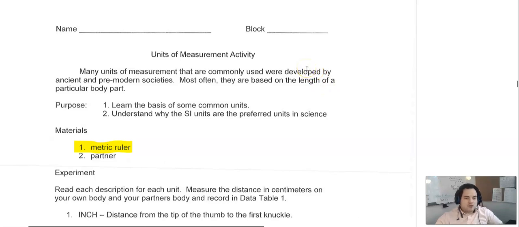That said, there are apps on your phones, but then again, those are only so effective. You could always find something that you know how large it is and use that. But a typical foot-long ruler, convert it into the metric system, you can use that.